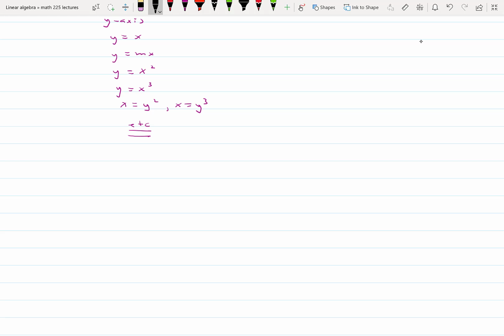But if you had to, for example, figure out the limit as (x, y) approaches the point (1, 3) of 4x squared times y squared minus 2x. Okay, this limit pretty clearly exists.